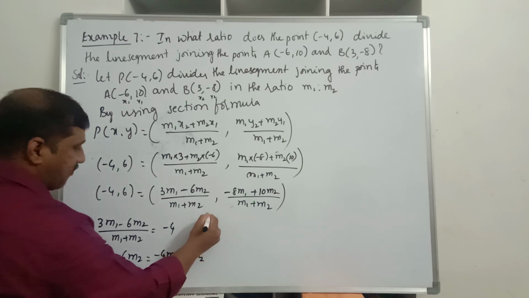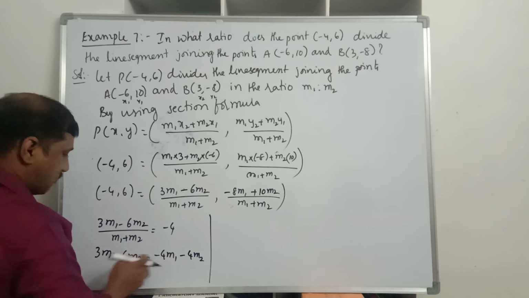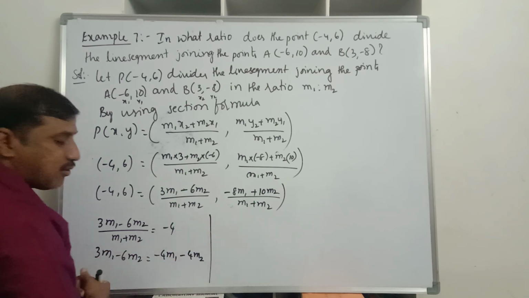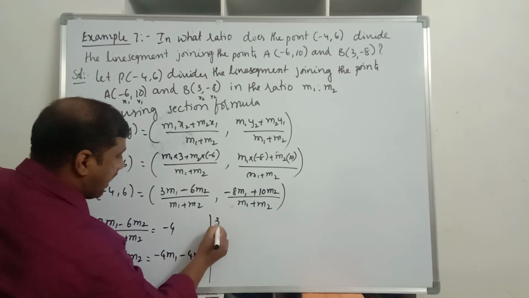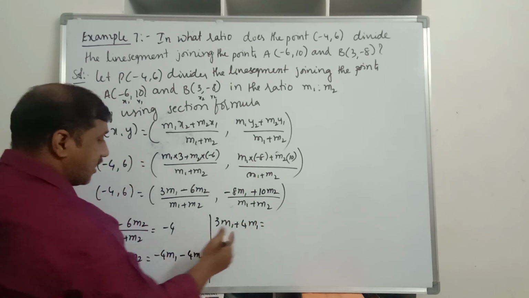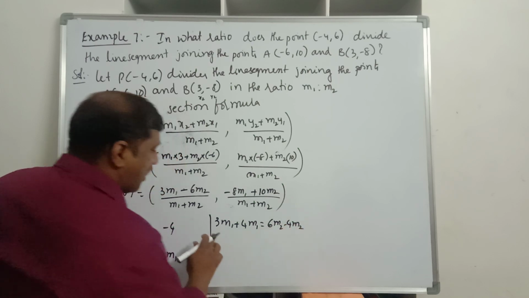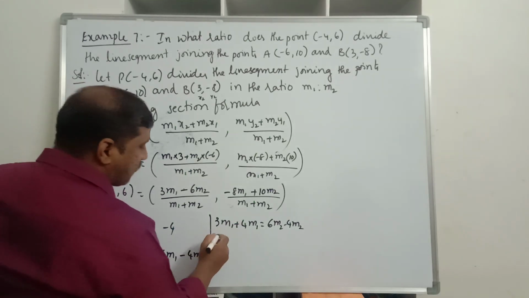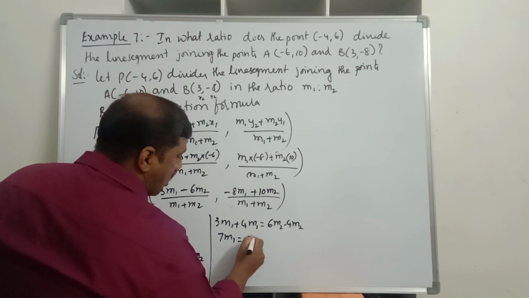Transpose -4m1 to the RHS, we get plus 4m1, and transpose -6m2 to the RHS, it becomes plus 6m2. Therefore 3m1 plus 4m1 is equal to 6m2 minus 4m2. Now simplify. 3m1 plus 4m1, like terms, add the coefficients, 3 plus 4 is 7. 7m1 is equal to 6 minus 4, it is 2, 2m2.